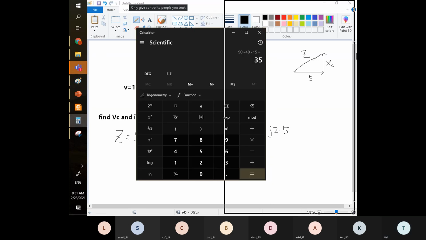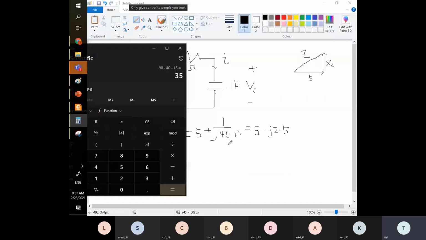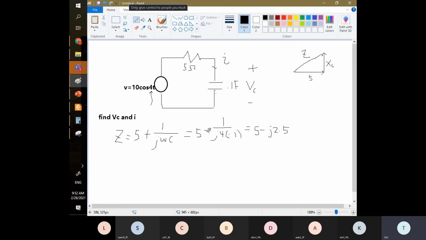See, 4 times 0.1 is 0.4, and 1 over 0.4, the reciprocal, is 2.5. So this is simple, right?